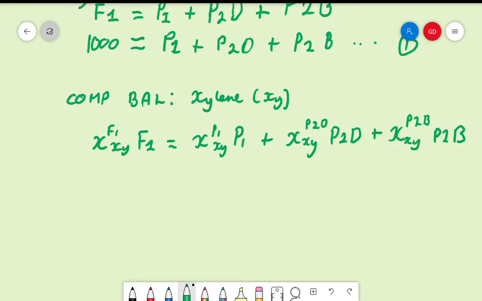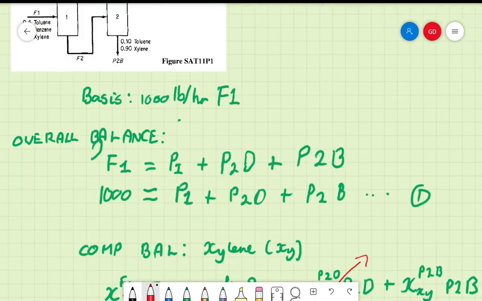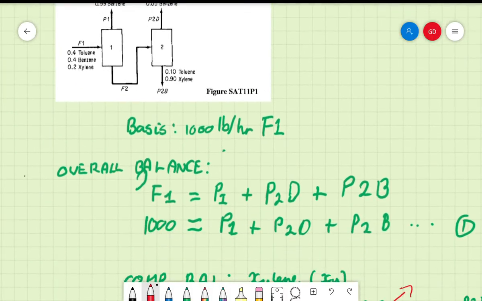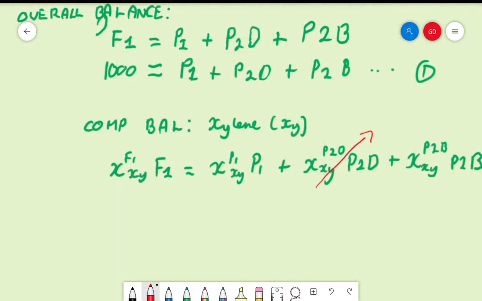Now we know that we do not have xylene in P2D. If you check here, there's no xylene in P2D, so that term becomes 0. Also, there's no xylene in P1.